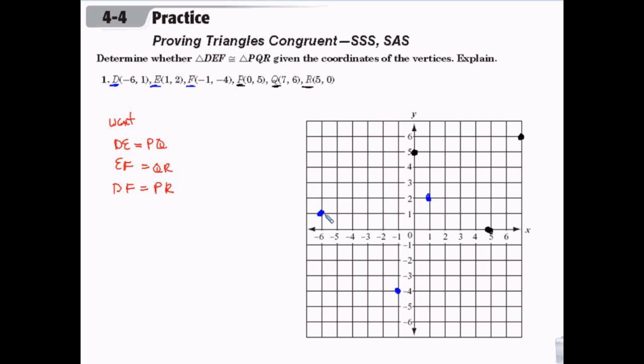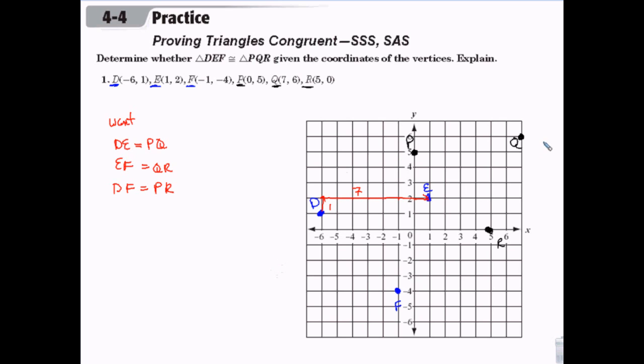So if I count, so this was D, oops, I should probably get out of shape recognition. Okay, this is D, this was E, and this was F, and this was P, Q, and R. So if I count from D to E, it's up 1, over 7.